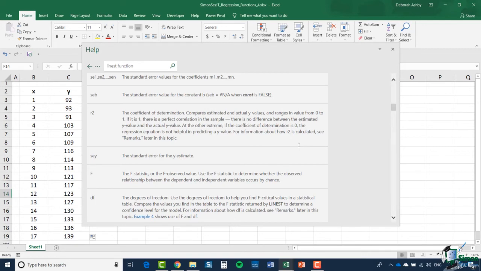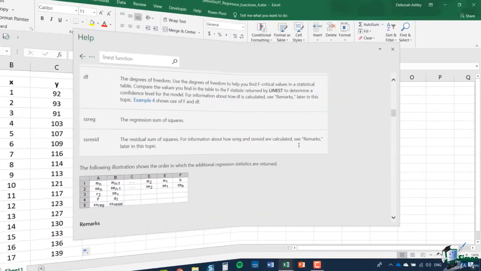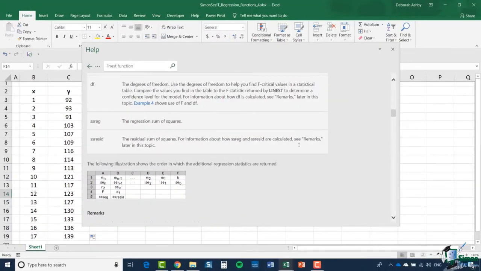Now, with these other statistics, you may or may not be interested in them. The sum of squares, the regression sum of squares, again, I'll come back to that in a moment just for information, as I think it's something worth knowing about. But in terms of identifying what's in that array of numbers, this little diagram is the important one because it shows you what goes where.